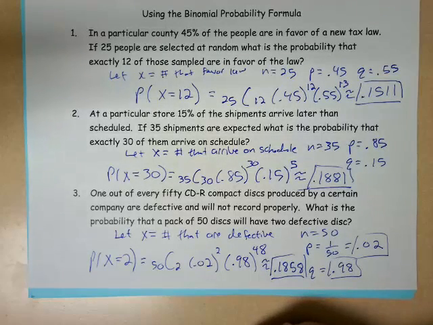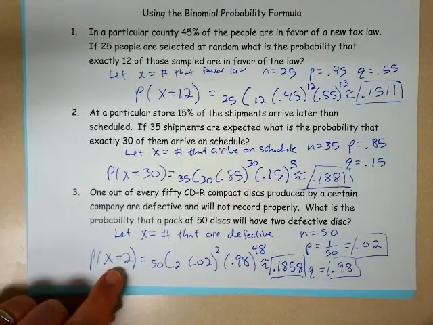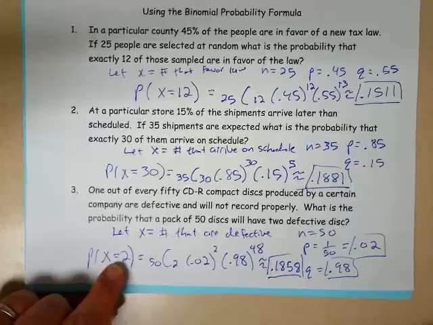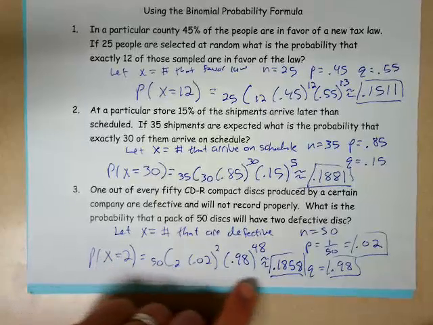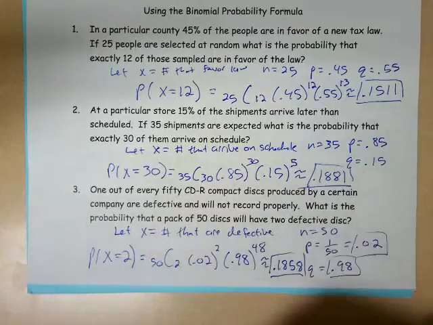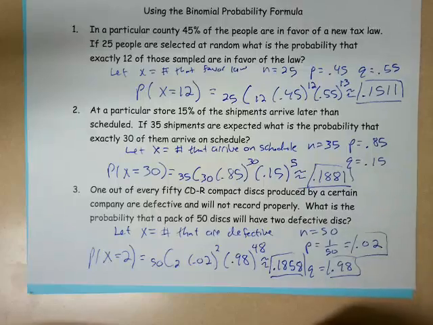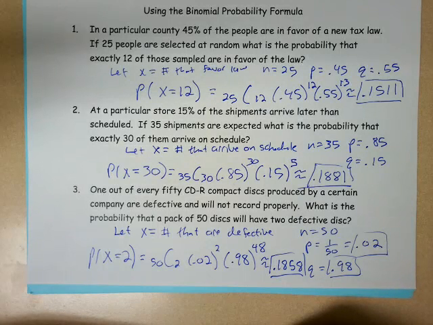The way you would do that is to find the probability that x is equal to 0, x is equal to 1, and x is equal to 2. You'd have to find 3 of them and add those probabilities together. We're going to do problems like that in the second set of videos, as well as talk about the mean and standard deviation of a binomial distribution.